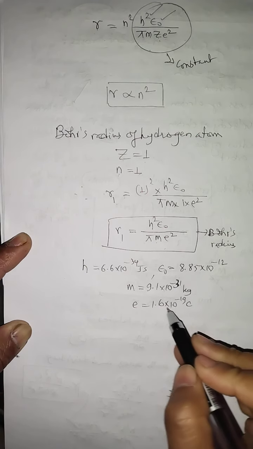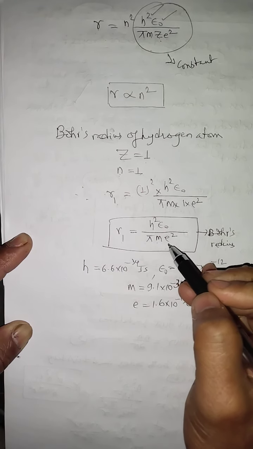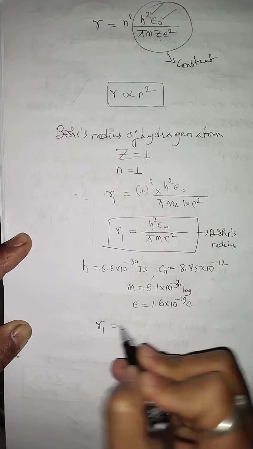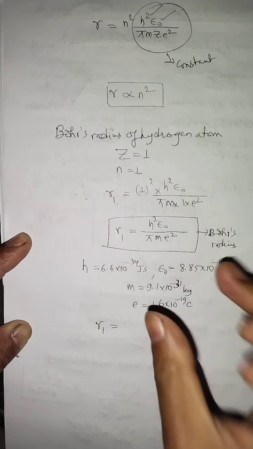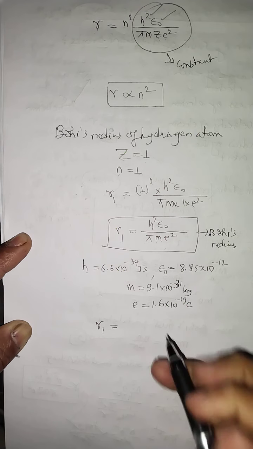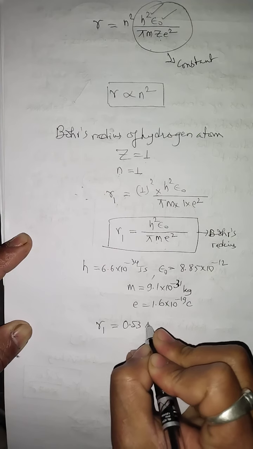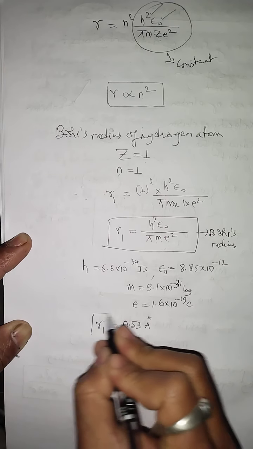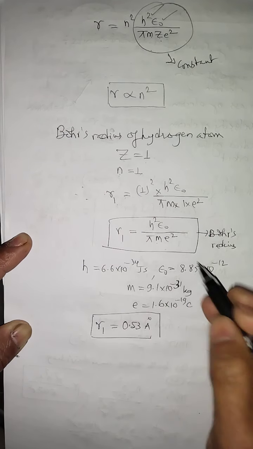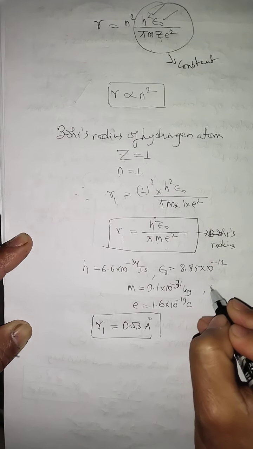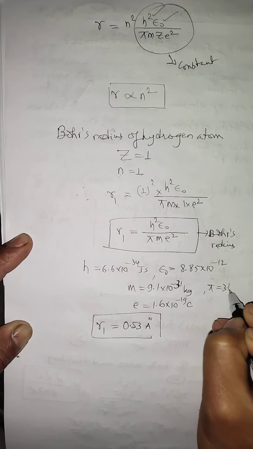So if you substitute these values in the expression of R1, we measure the Bohr radius, and when you do the calculation and measure the Bohr radius in Angstrom, you get approximately 0.53 Angstrom. I'm just writing the value of R1 directly, but you can do the calculation by substituting these values in the relation, and you know the value of pi is 3.14.